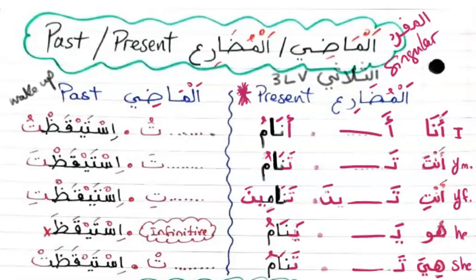So what we do is we place the verb here, استيقظت, and we only have a suffix, an ending. أنا استيقظت. أنت استيقظت. أنتِ استيقظتِ. هو استيقظ, and that's the infinitive of verbs in Arabic. The infinitive is the third person masculine in the past. استيقظ, he woke up. هي استيقظت, she woke up.